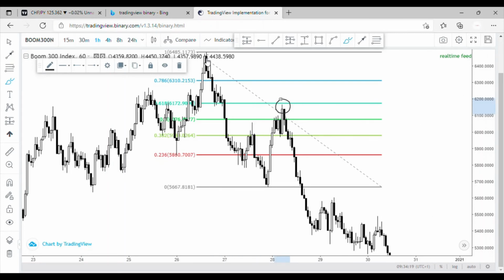A bearish order block is the last bullish candle before the bearish movement that breaks the market structure, but that one is a topic of another day. I just want you to understand what an order block is. An order block is the last bullish candle before the bearish movement.